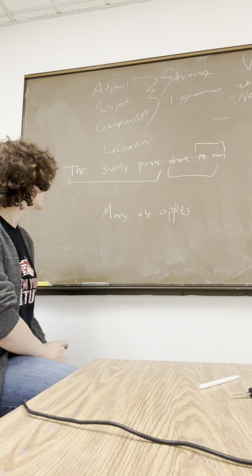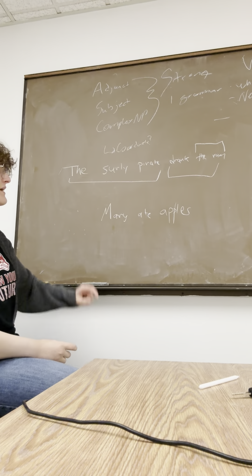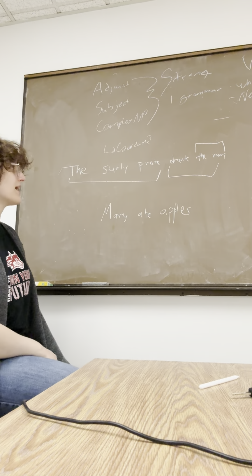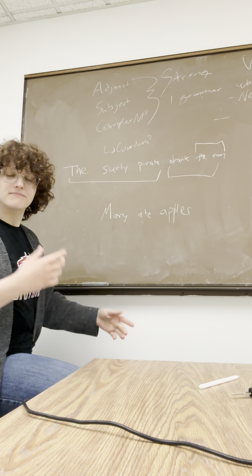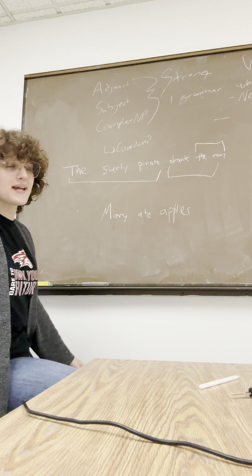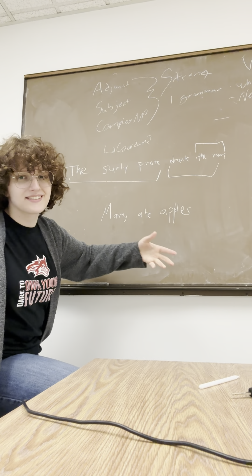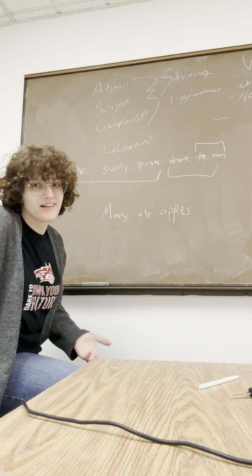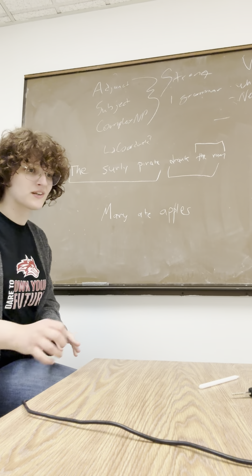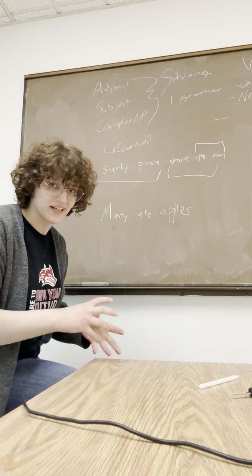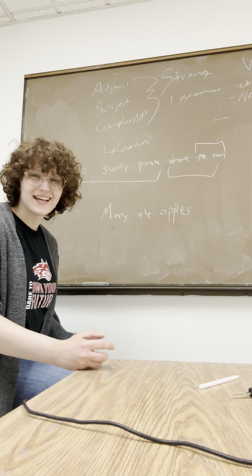Those go together. It's like, the surly pirate, drank the rum, and the rum. That makes sense, right? But if I said pirate drank, it doesn't scan as well. It's not as obvious that those are part of the same unit, you know? Does that make sense? I hope that makes sense.